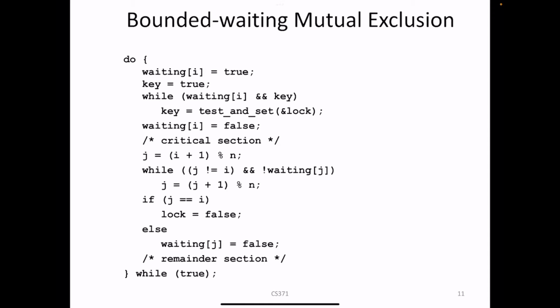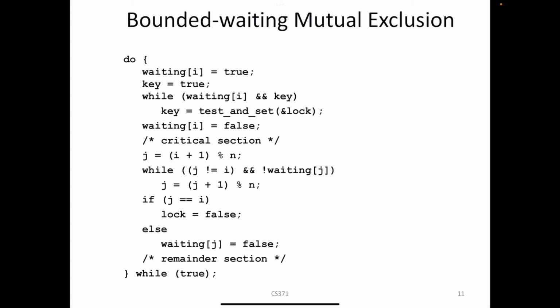Currently the old value of lock is true, so key will be set to true as well, and lock will be assigned a true value again. Since both waiting[1] and key are true, process P1 will be stuck at the while loop until it is taken out of the CPU.